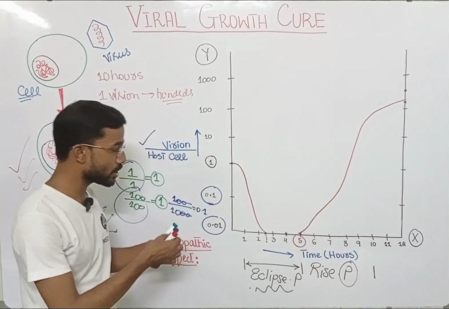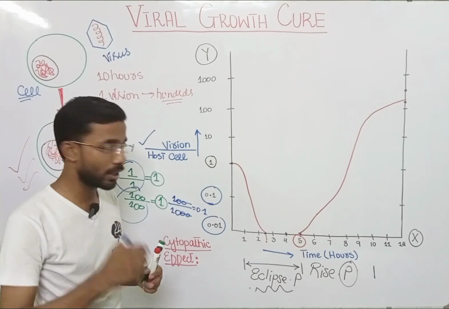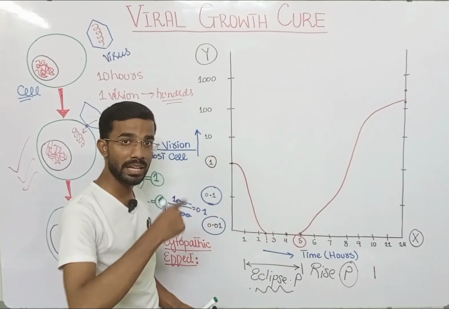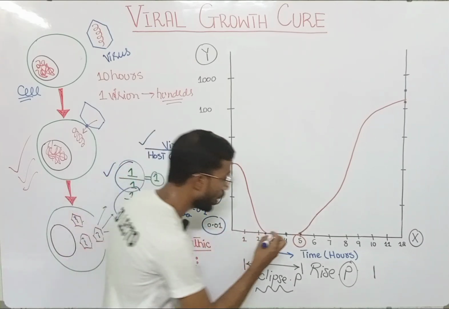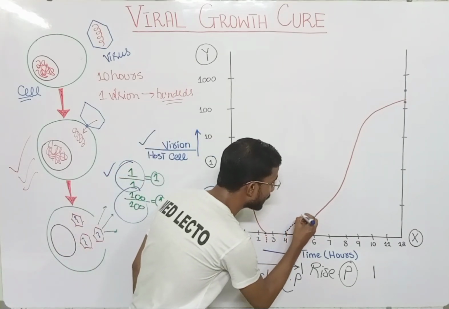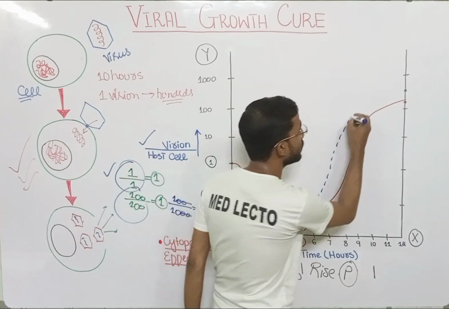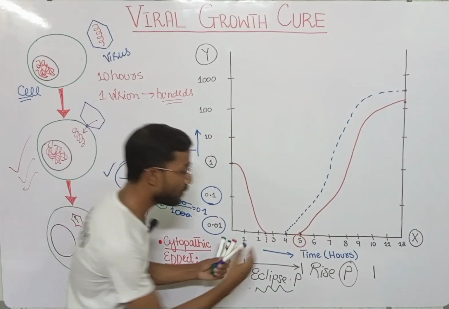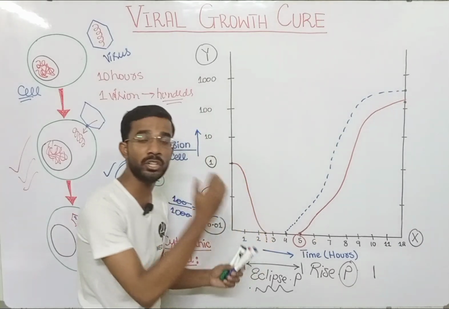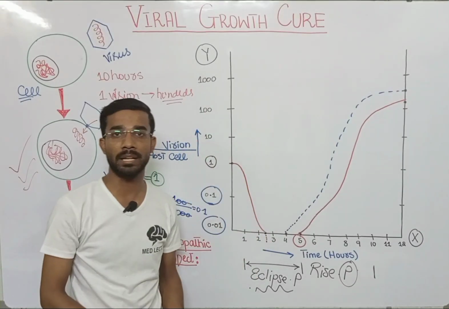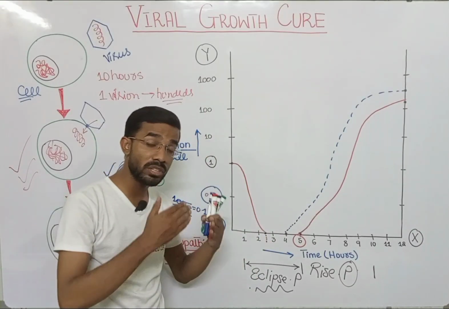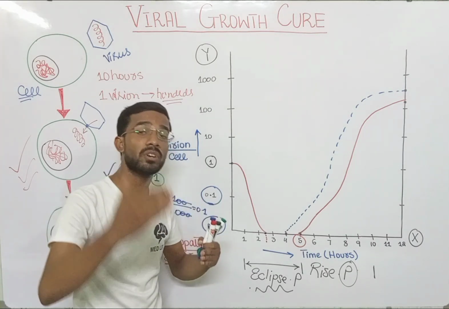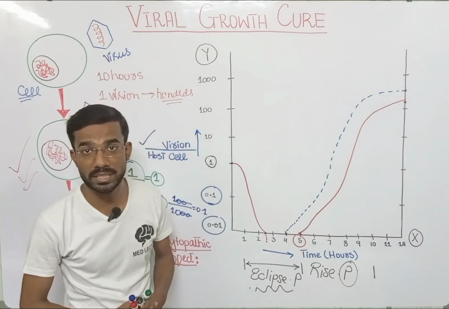So you can also draw another curve before the rise period, a curve for the genetic material, or nucleic acid, because before the rise period the nucleic acid is still working on the manufacture of the different viruses in the cell.